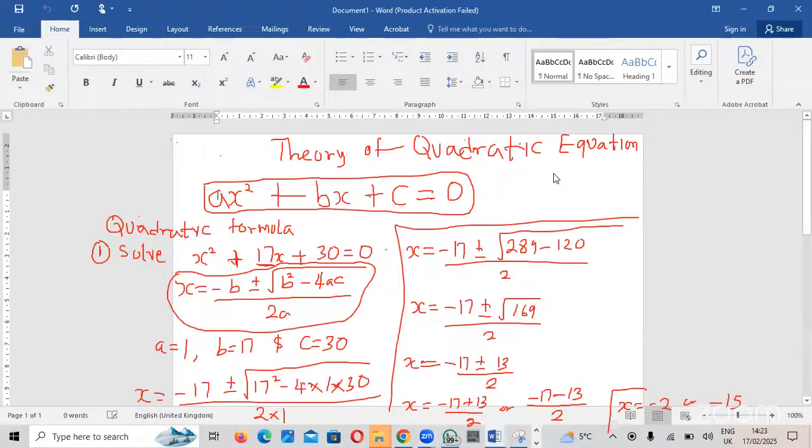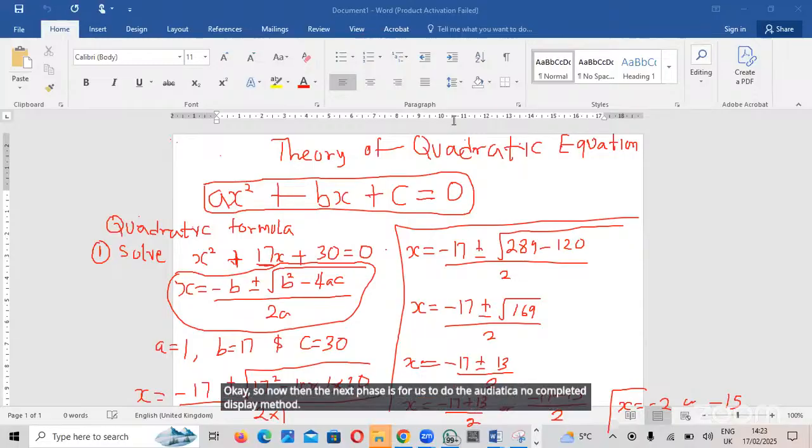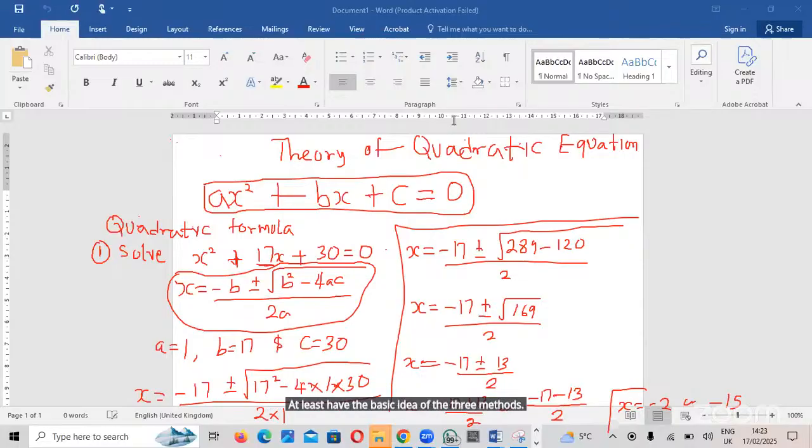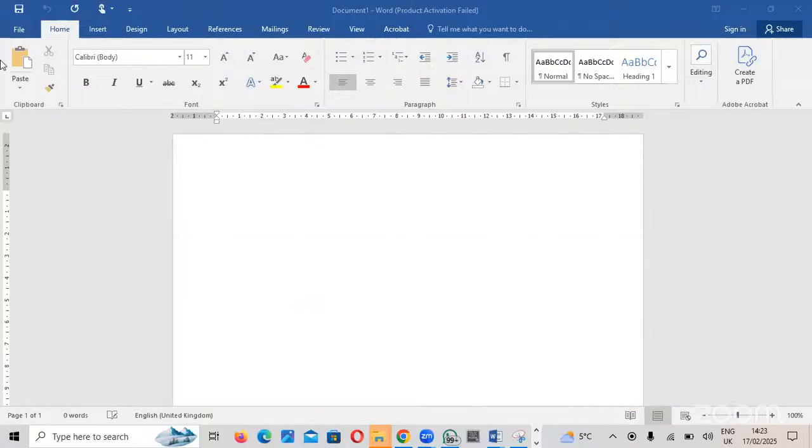Okay. So now the next phase is for us to do the completing the square method, at least so that we can have the basic idea of the three methods.